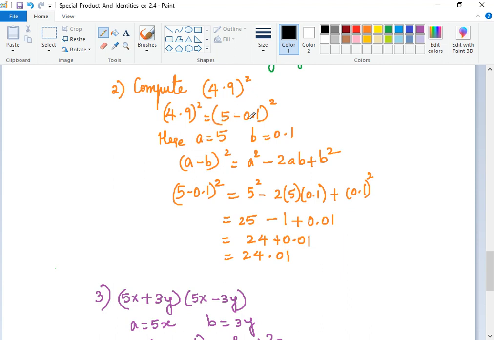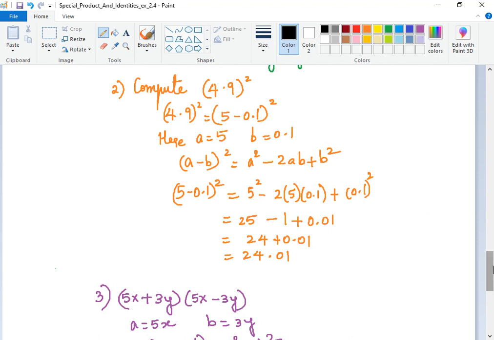This is like the a minus b the whole square formula, right? So a could be taken as 5, b could be taken as 0.1, and then you have the formula a minus b the whole square equals a square minus 2ab plus b square. So for a I will put 5, so 5 square minus 2 into, for a I put 5 again, for b I put 0.1, and then plus b square is 0.1 the whole square again.